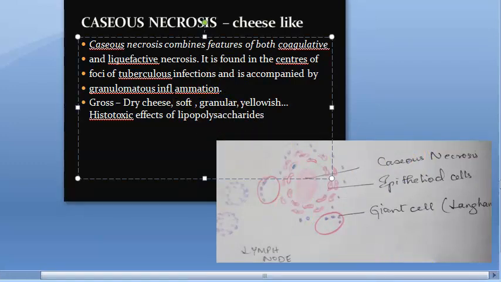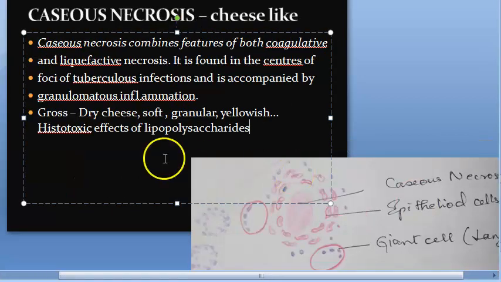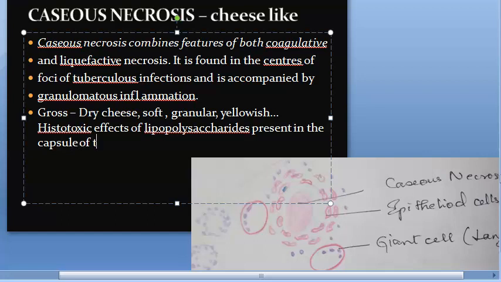Because of histotoxic effects of lipopolysaccharides, which are present in the capsule of the tubercle bacilli.